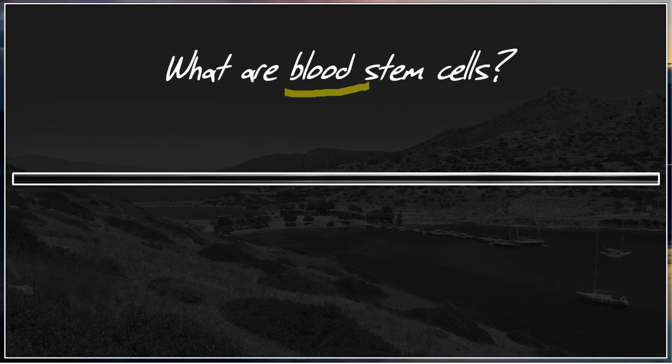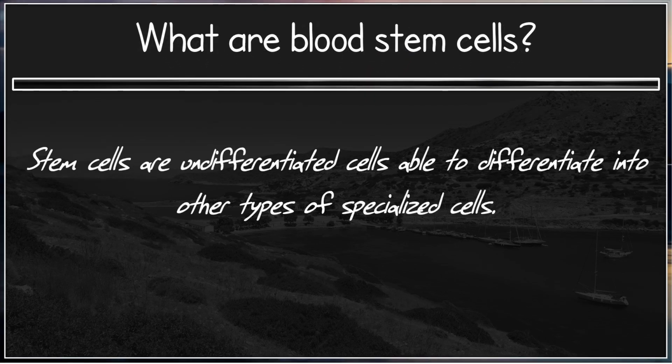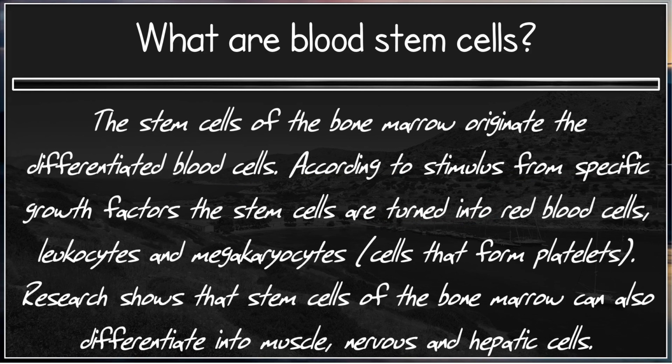What are blood stem cells? Stem cells are undifferentiated cells able to differentiate into other types of specialized cells. The stem cells of the bone marrow originate the differentiated blood cells.